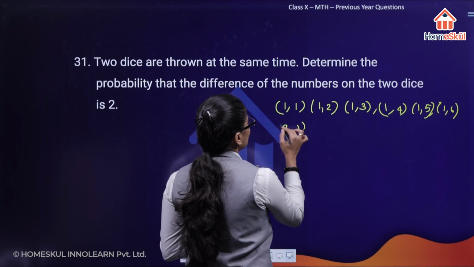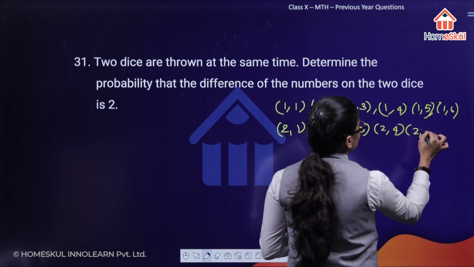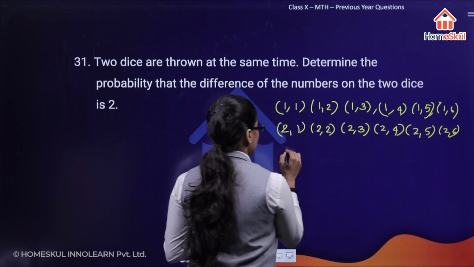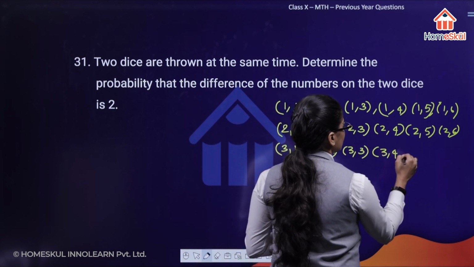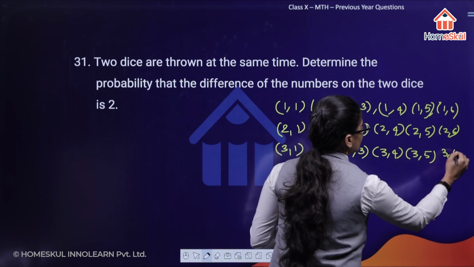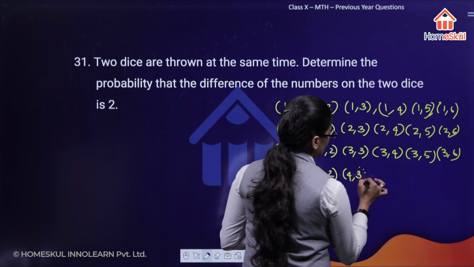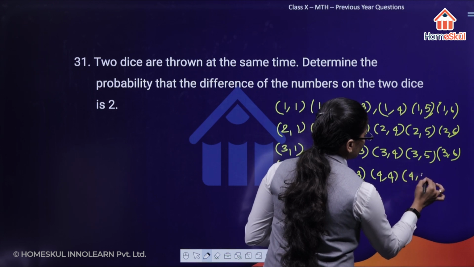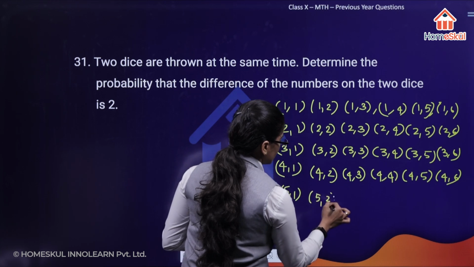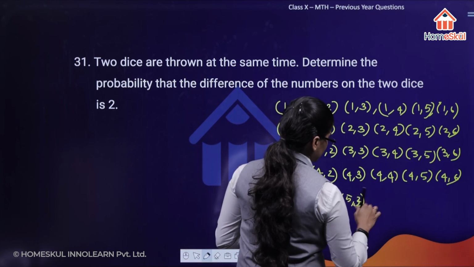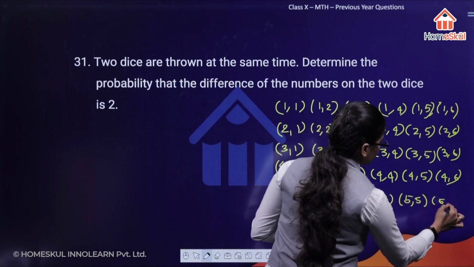Then 2, 1, 2, 2, 2, 3, 2, 4, 2, 5, 2, 6, 3, 1, 3, 2, 3, 3, 3, 4, 3, 5, 3, 6, 4, 1, 4, 2, 4, 3, 4, 4, 4, 5, 4, 6, 5, 1, 5, 2, 5, 3, 5, 4, 5, 5 and 5, 6.